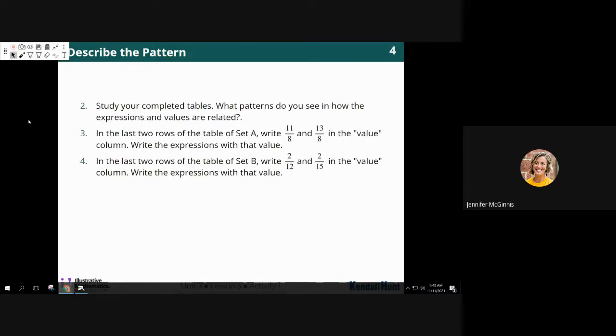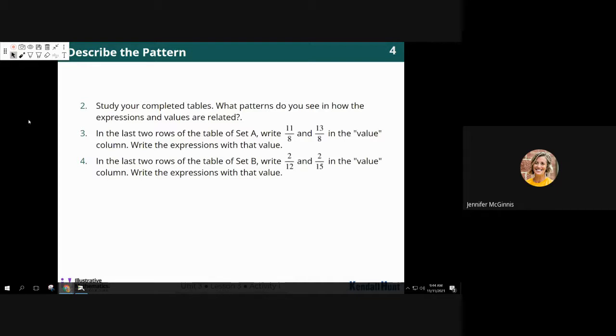Study your completed tables. Look at your tables. What patterns do you see and how the expressions and values are related? Study your tables. Work with your shoulder partner. If you don't have a shoulder partner, James, you can go over and work with Nehemiah real quick. Take your paper and your pencil. Explain.